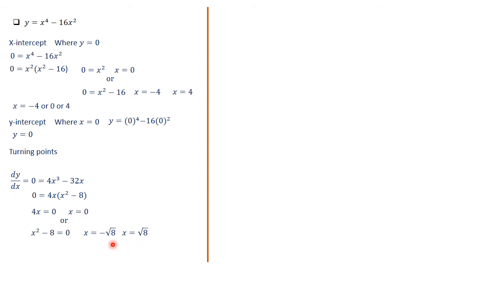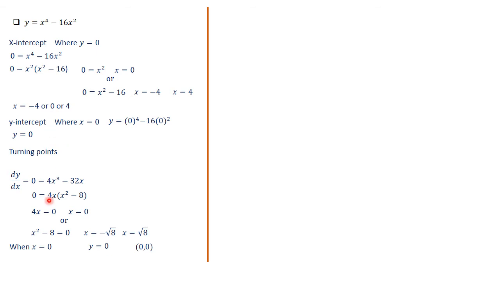I've used the roots because they're easy to understand. Now we go to the nature of turning points. The first point, when x was 0, we had y equals 0. When you put x equals 0 here, you get y equals 0, and that's the point. So that's a point there.